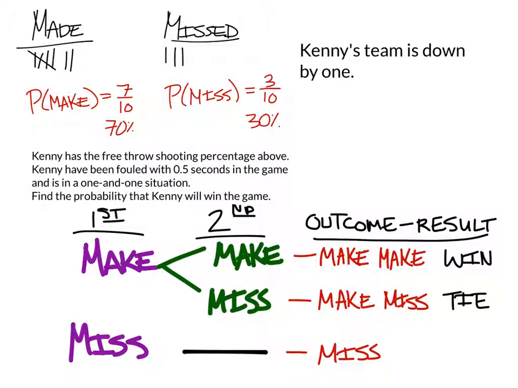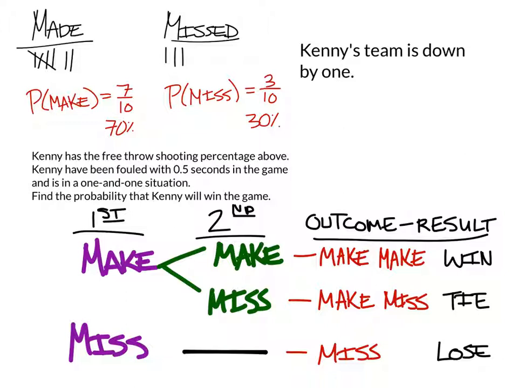And if Kenny misses the first one, lose. So the question is now, which of these has the highest probability of taking place? Is it the highest probability that they will lose, tie, or win?